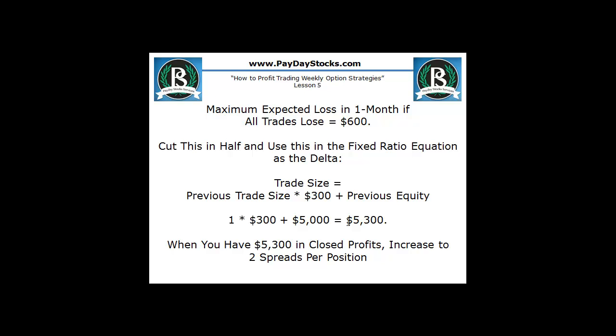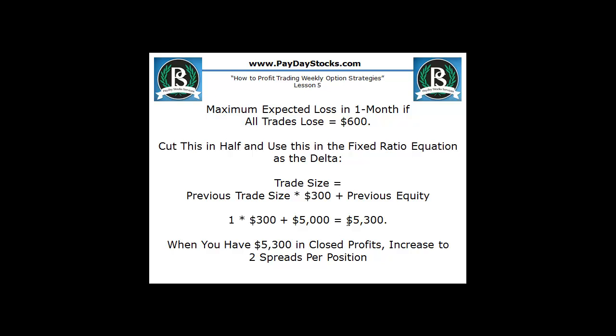And then we add the previous equity, and if the previous equity is our starting equity, that's 5,000, right? So it's 1 times 300 plus 5,000, and that equals 5,300. Well, that's when we start trading 2 spreads per position, okay, at 5,300. Once we have closed equity of 5,300, we begin taking 2 spreads per position. So we're doubling our risk at that point.